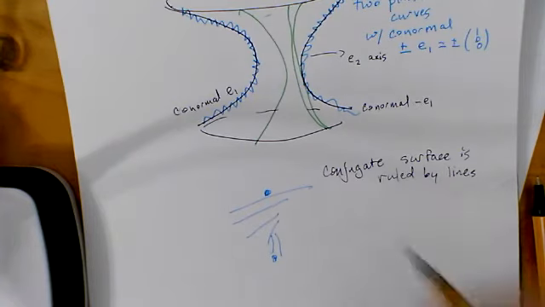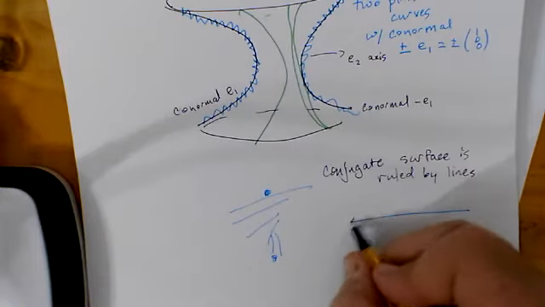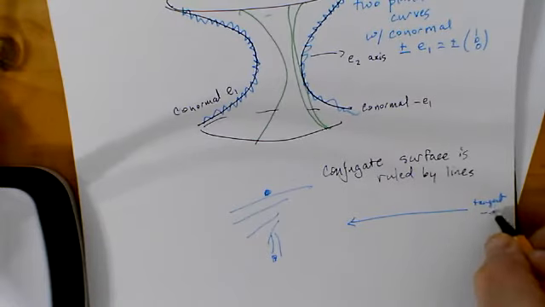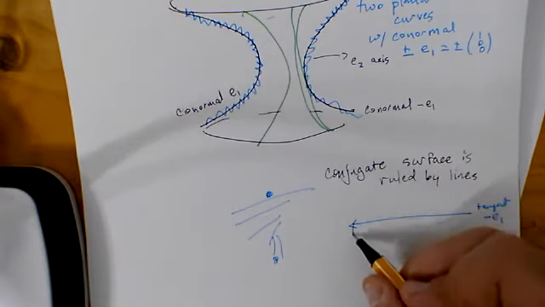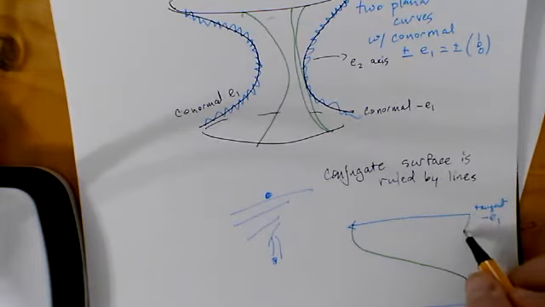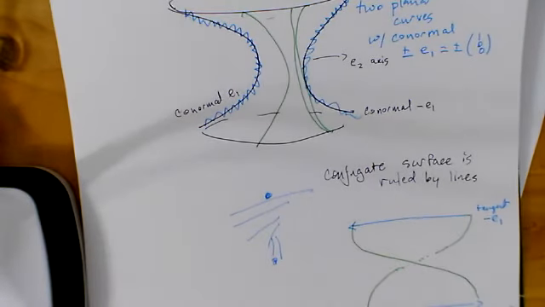So if I rotate my picture a little bit, and then in between, it's going to twist around like that.